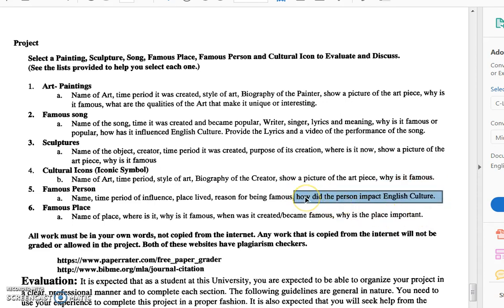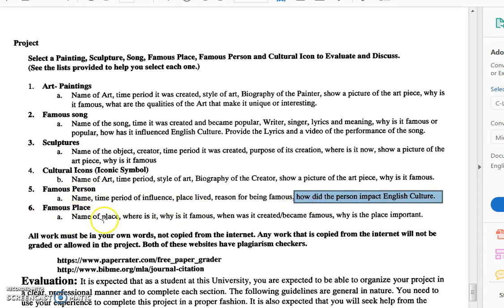Some people are famous but didn't impact English culture. You can look at some musicians or actors, maybe Tom Cruise or Beyonce, and say they're very famous, but they didn't necessarily have an impact on English culture. So that's what we're looking for: people who influenced English culture.